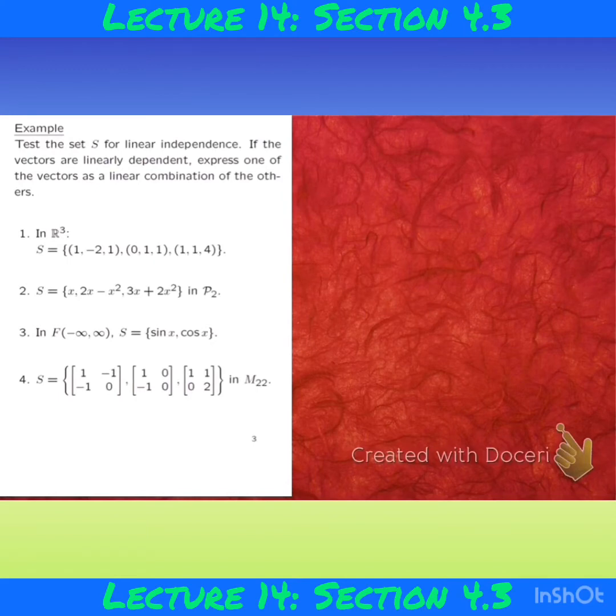So what we can say is, we observe that we can take minus 7 times the first polynomial, plus 2 times the second polynomial, plus the third polynomial.